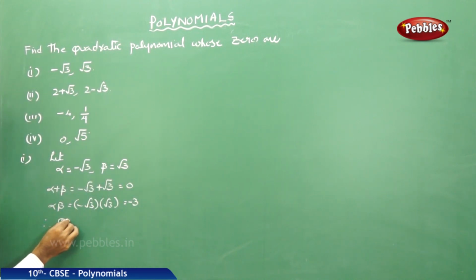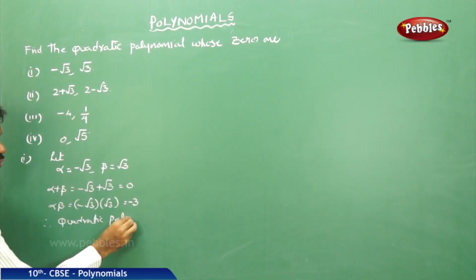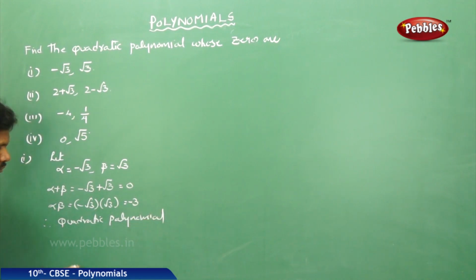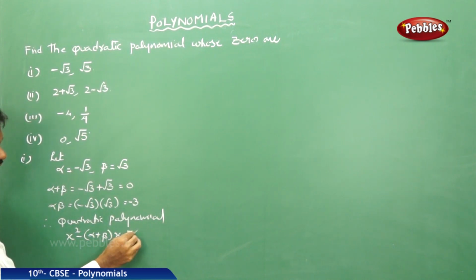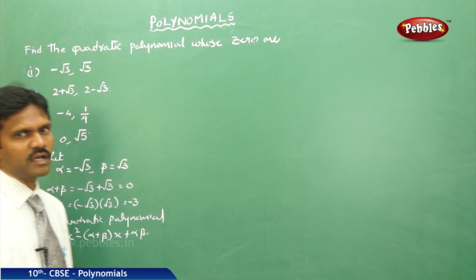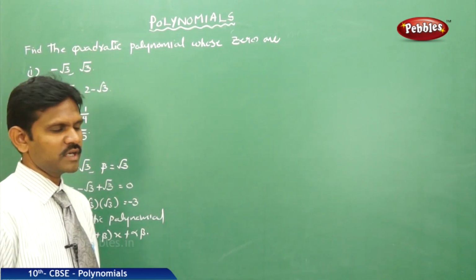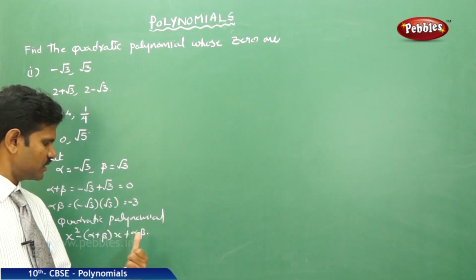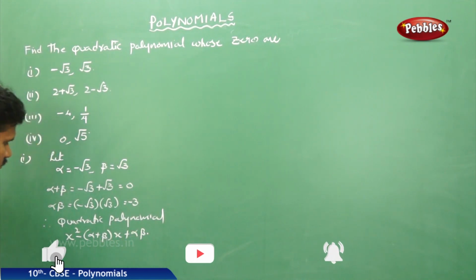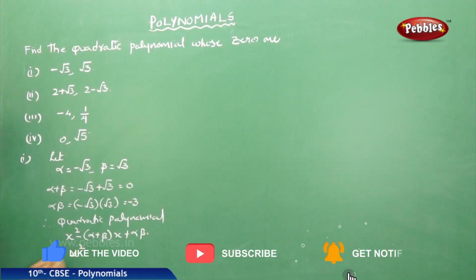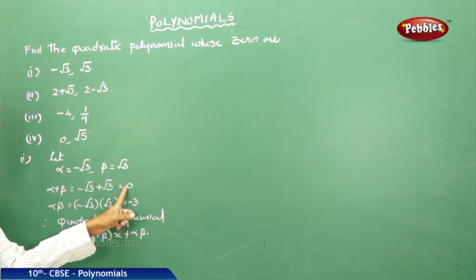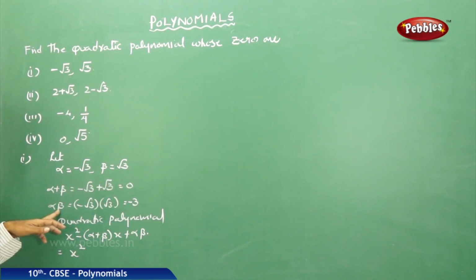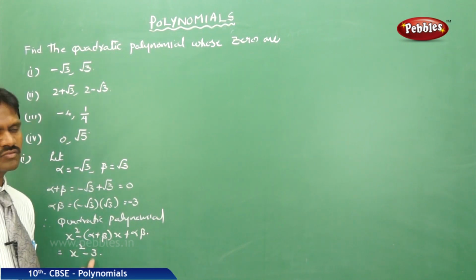Therefore, the quadratic polynomial is x square minus alpha plus beta into x plus alpha beta. If alpha, beta are the zeros, then the quadratic polynomial is x square minus alpha plus beta into x plus alpha beta, that is x square. Alpha plus beta value is 0, so you don't need to mention it here. Alpha beta value is minus 3, therefore the required polynomial is x square minus 3.